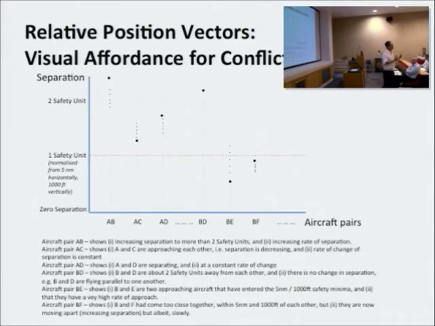It's just a very simple tool that we use. So as you can see, if this red line is one safety unit, which pairs of aircraft are within one safety unit and in danger of coming together? Straight away, it's very easy to pick up. These two, okay?